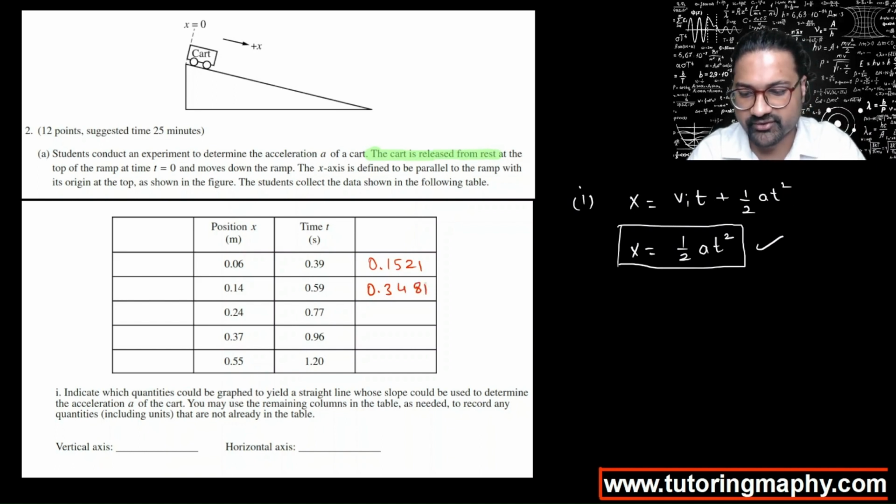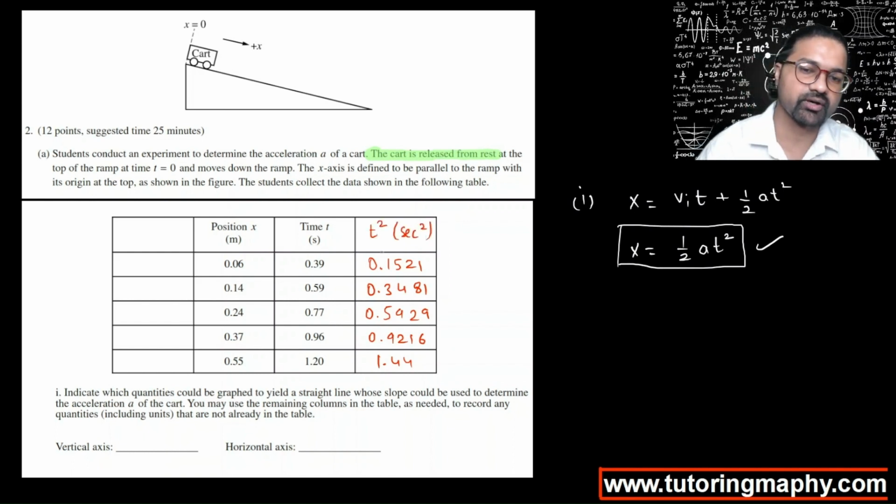Then 0.77 square is going to be 0.5929. 0.96 square is going to be 0.9216. Then 1.2 square is going to be 1.44. What we have over here is t square with the unit as second square as well. So this is what we have.